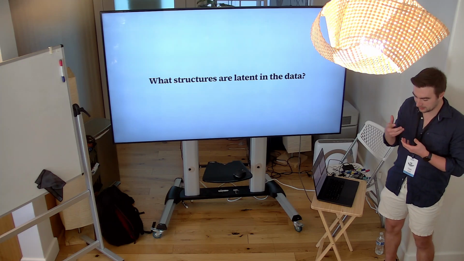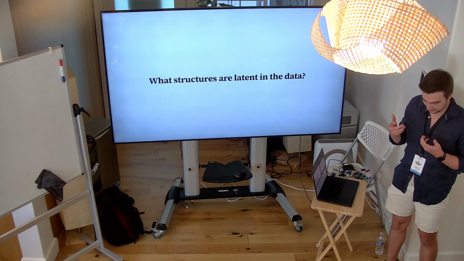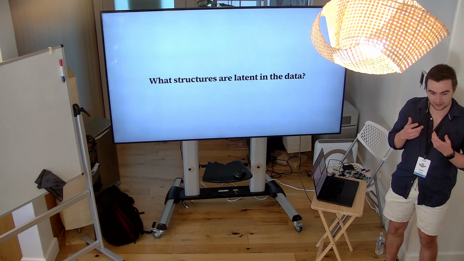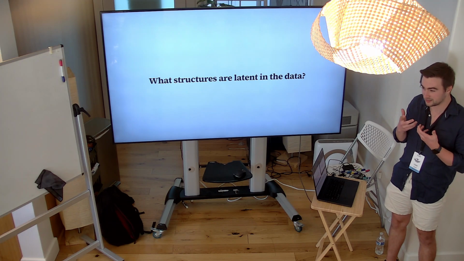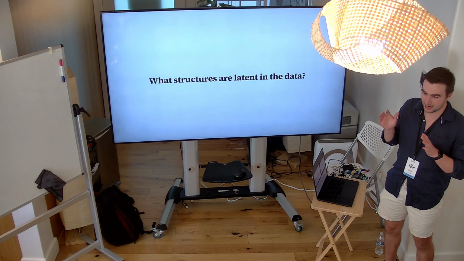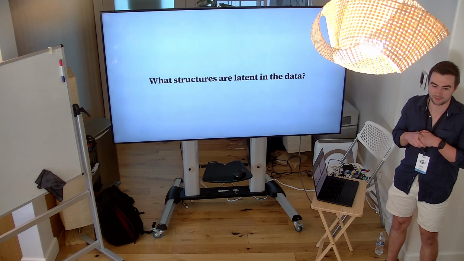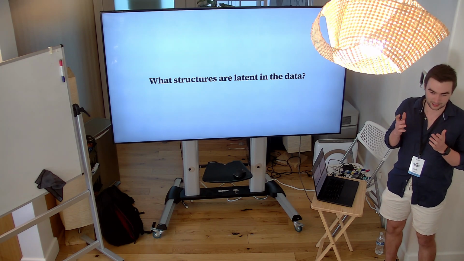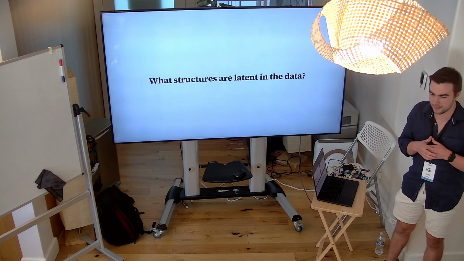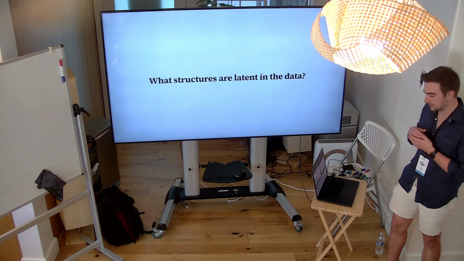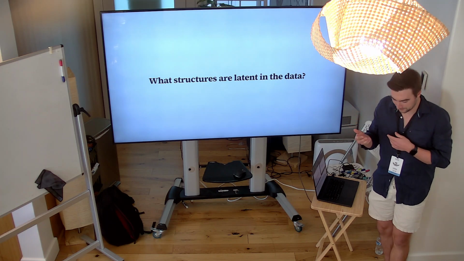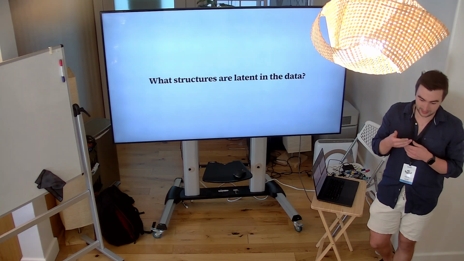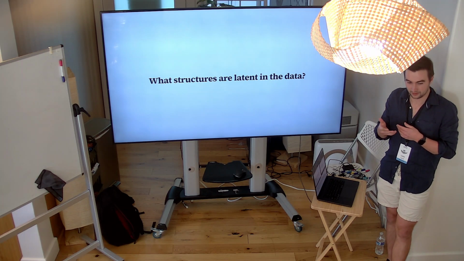You can think of structure in many different ways, and it's a very ill-defined concept at this moment, but as a starting point you might think of something like bigrams in language as an example of a structure.